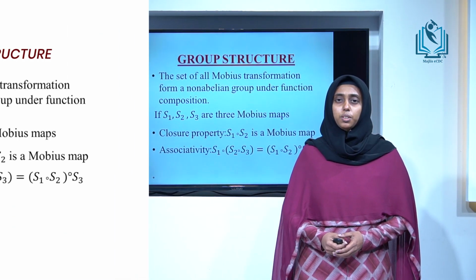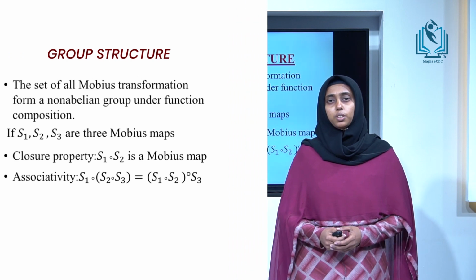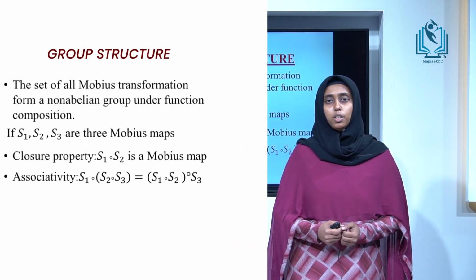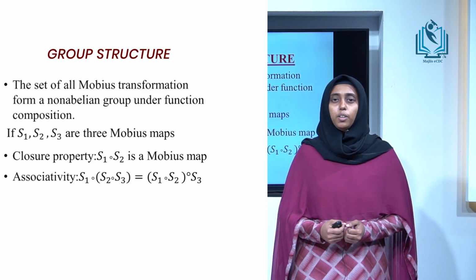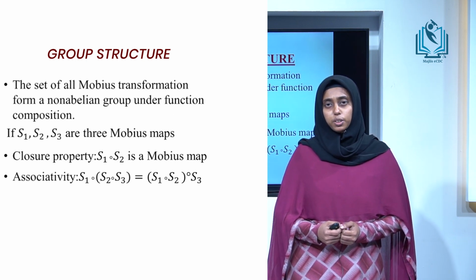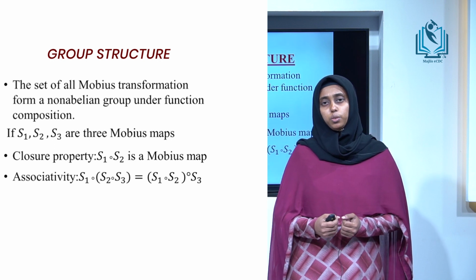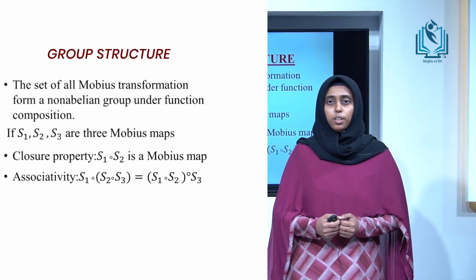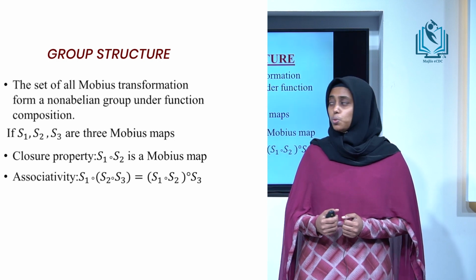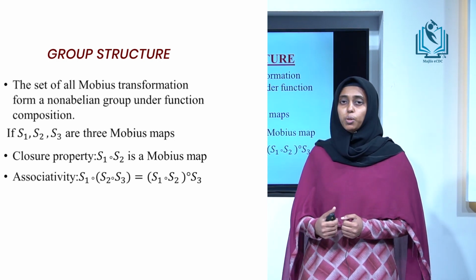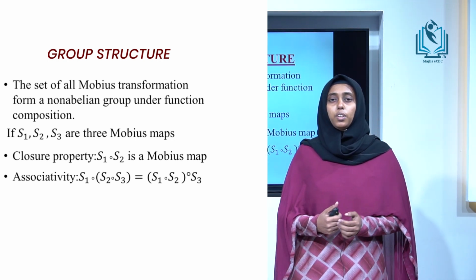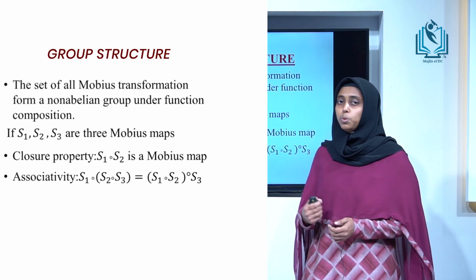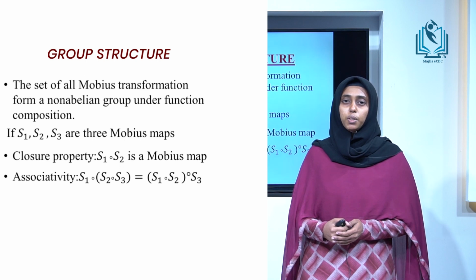Now we have to discuss the group structure of Mobius transformations. The collection of all Mobius transformations form a non-abelian group under function composition. To form a group, a collection should satisfy certain properties. That is, if S1, S2 and S3 are three Mobius maps, then first we have the closure property: S1 composition S2 is again a Mobius transformation.